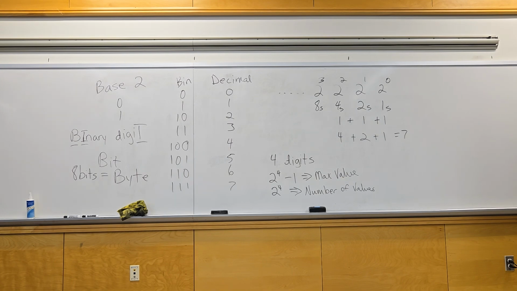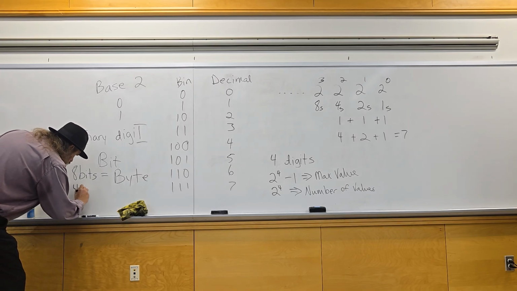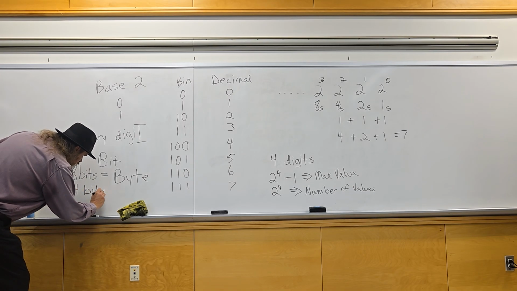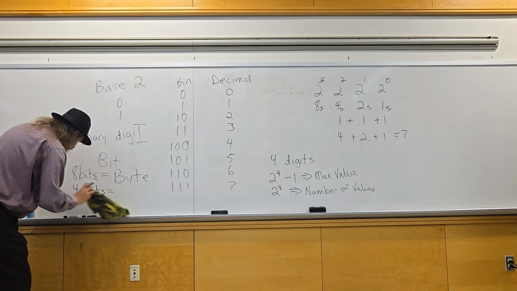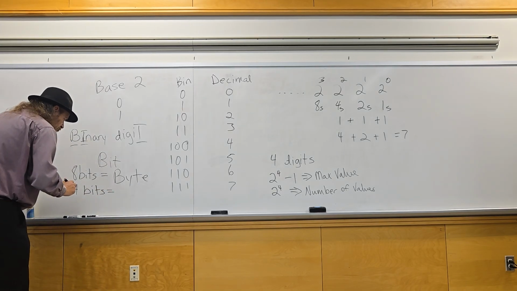And for old graphics cards, like the original CGA graphics card back in the 80s, the memory was organized by groups of 4 bits. Computer scientists also happen to have a sense of humor.